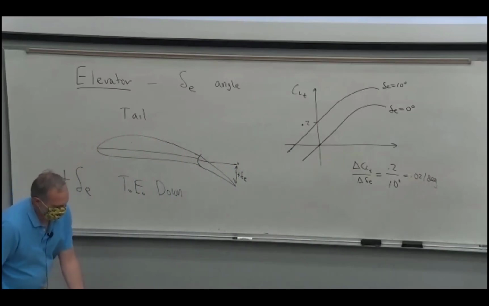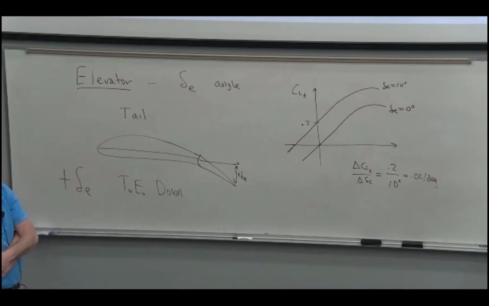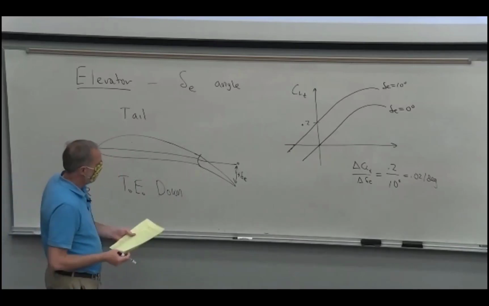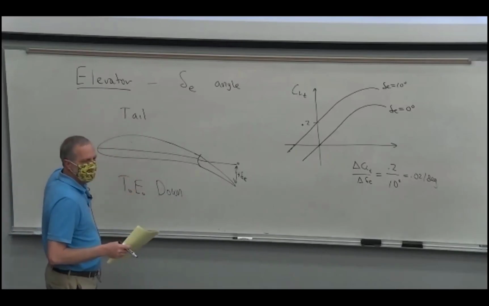And you could test this in the wind tunnel. You take your horizontal tail, you put it in there, and you deflect the elevator through 5 and 10 and 15 and 20 degrees, and then you do a plot of the lift curve of the tail. But we're more interested in the tail added to the airplane.